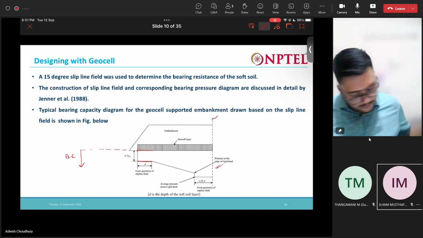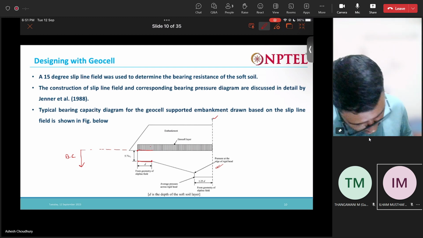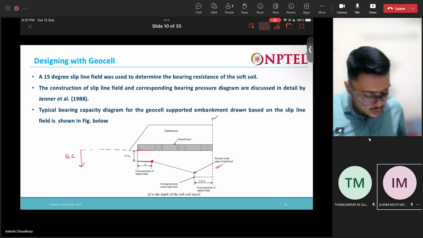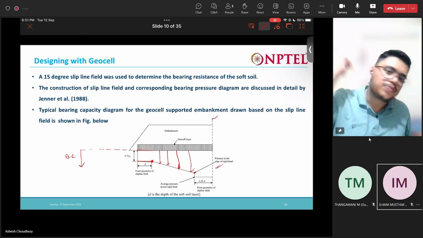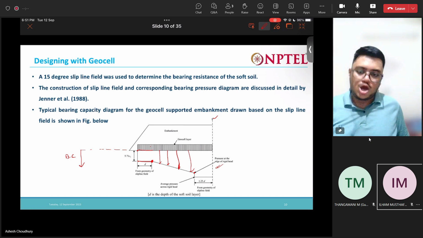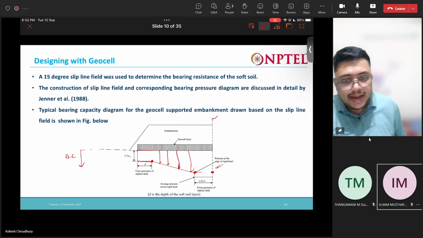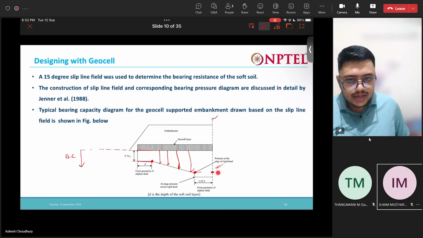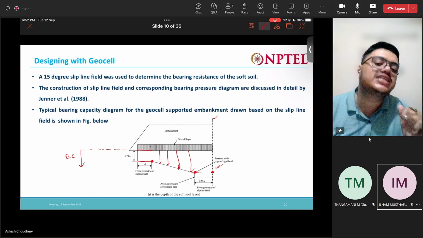Now for the rest of the portion we need to determine. From here to here, all these bearing pressures, we use the slip line theory to determine. And from this part onwards, we consider this portion as the rigid head.